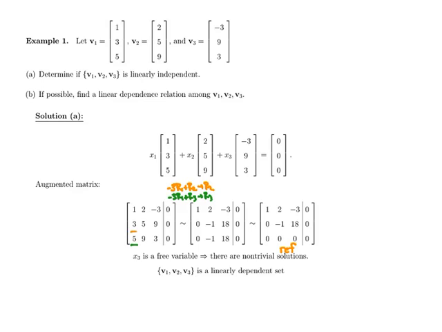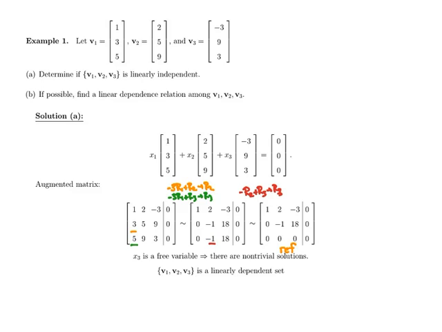And then to get a 0 in this entry, we can do negative row 2 plus row 3 into row 3, and we get a row echelon form, not reduced yet, of 1, 2, -3, 0, 0, -1, 18, 0, and a row of zeros on the bottom.